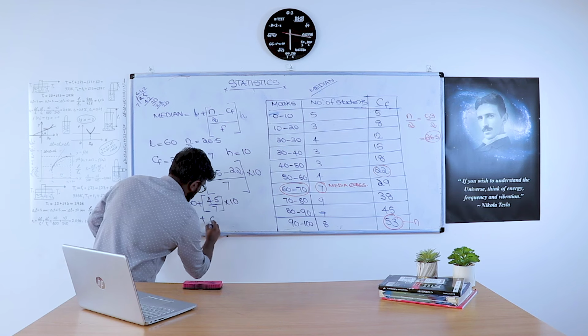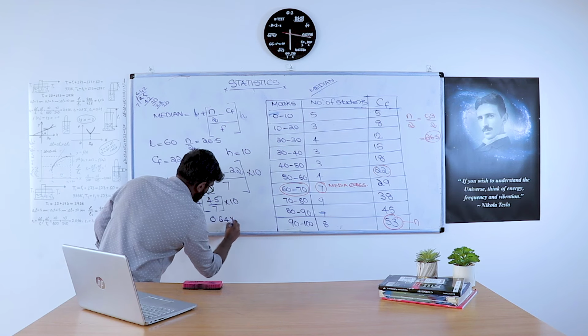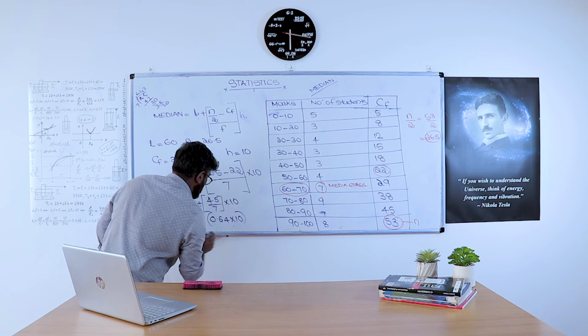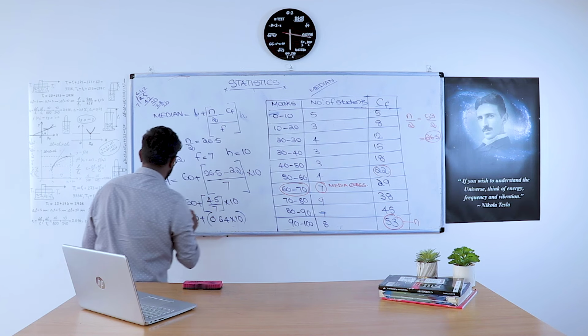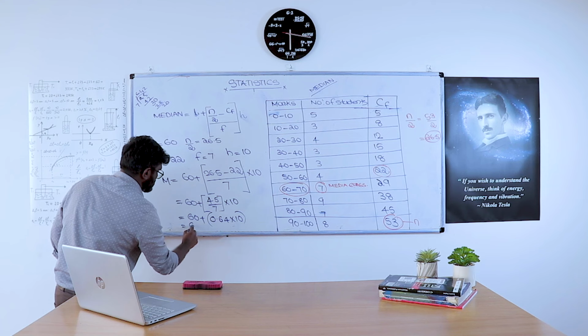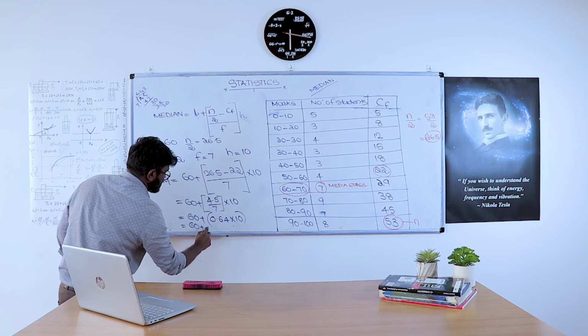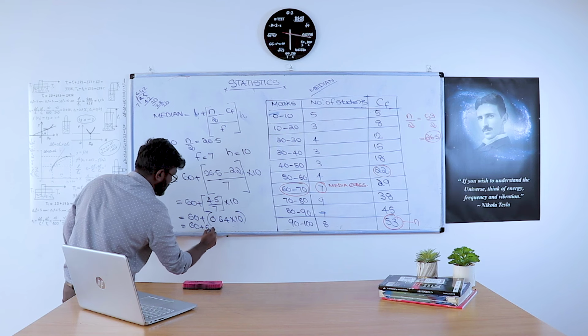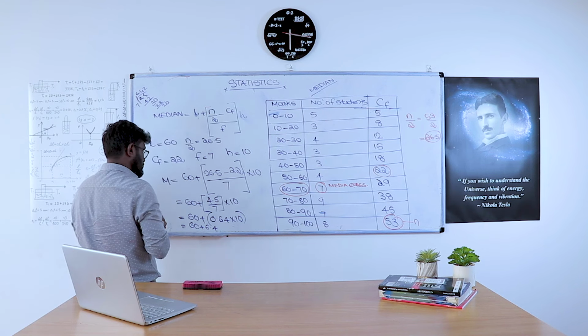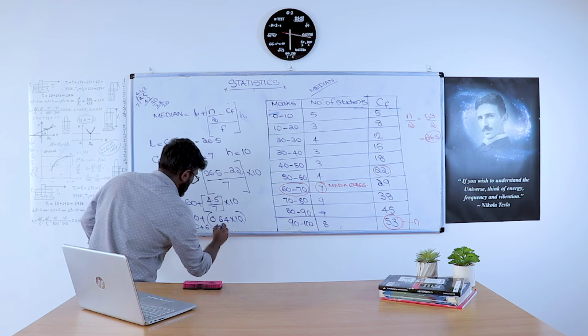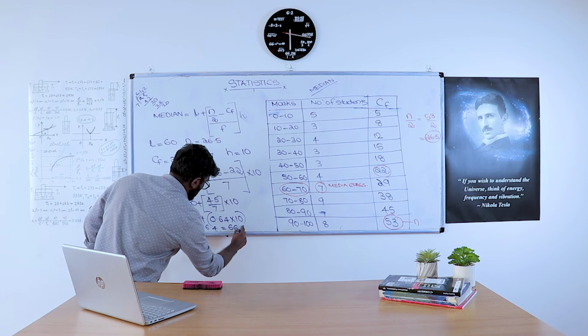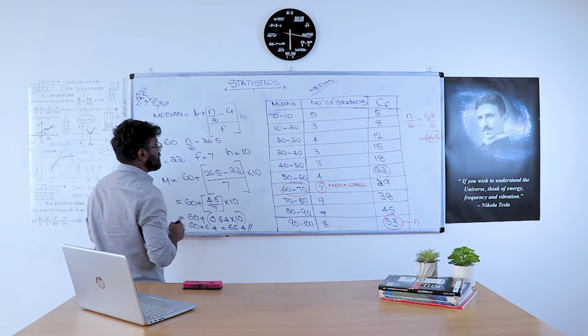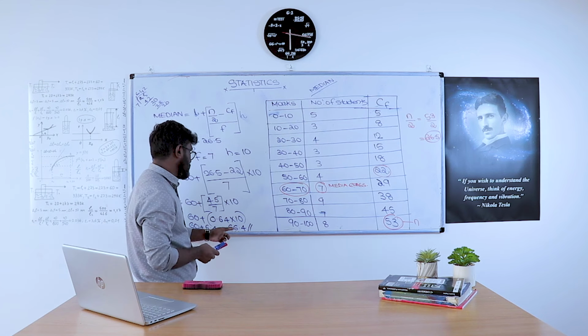That is 0.64 into 10, which is 6.4. That is 60 plus 6.4, which is 66.4. So the median of this data is 66.4.